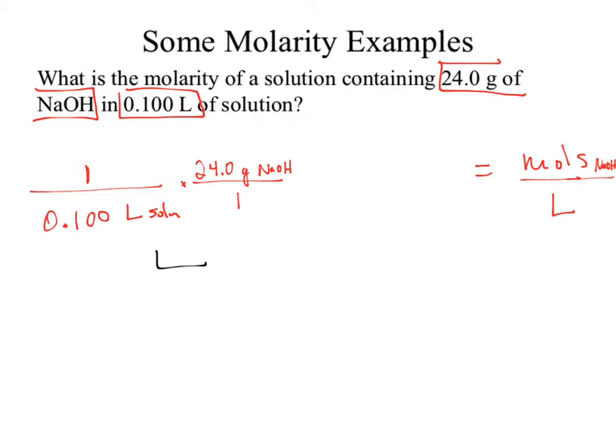Some people will look at that and say, well, isn't that the same thing as writing 24.0 grams of sodium hydroxide over 0.100 liters of solution? Numerically, yes. Mathematically, borderline. Based on the content given, no. That way uses a chemical equation to say I want to divide those things, the substance over the volume.